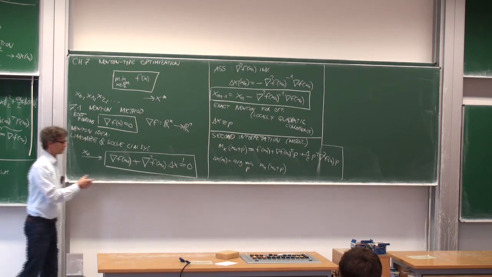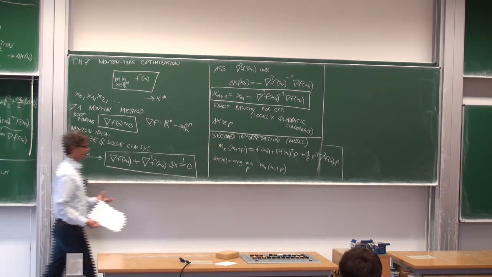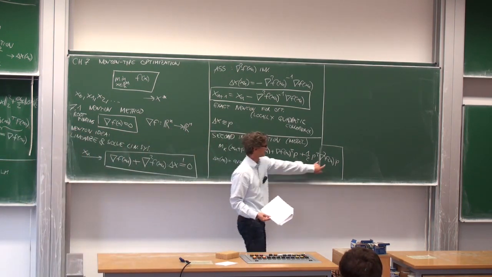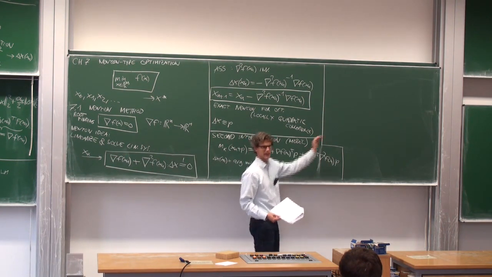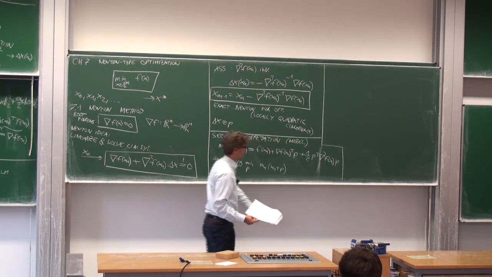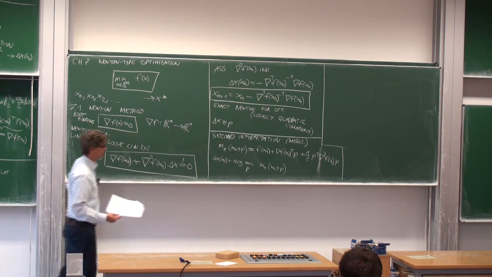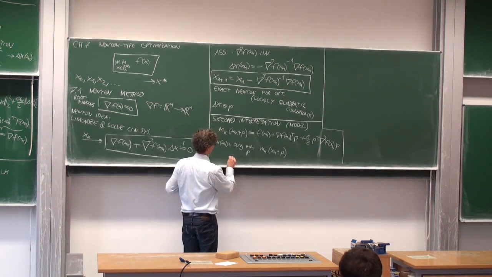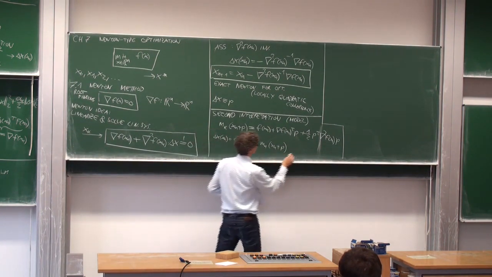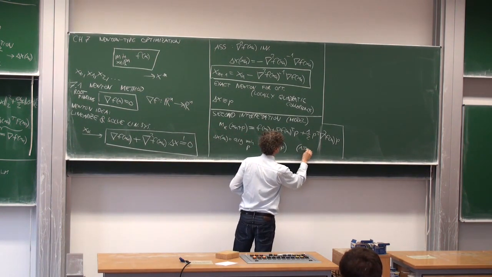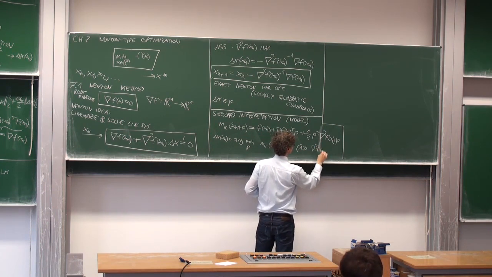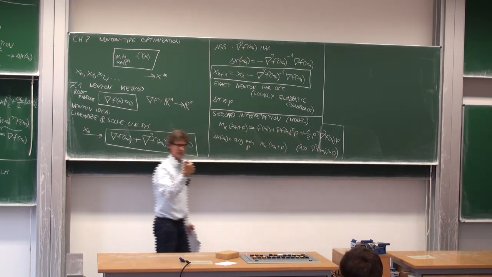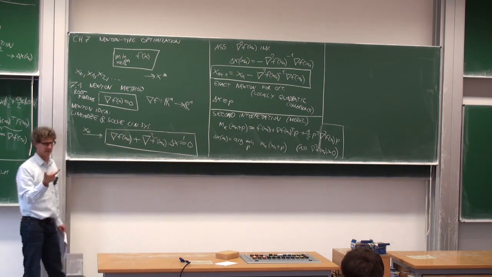And now if you look at this model, you see already that there would be a serious problem if I would have a negative eigenvalue here, because then my minimization would be giving me an infinitely small value. But let's make the assumption that this Hessian is positive definite. So it's not only invertible, but it has only positive eigenvalues.